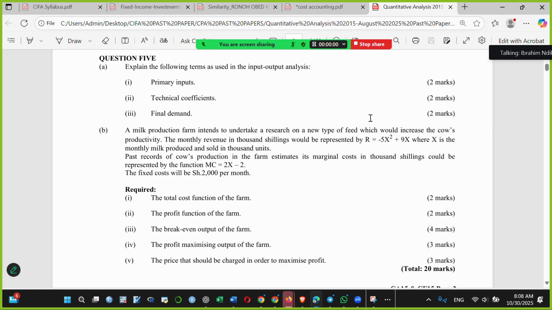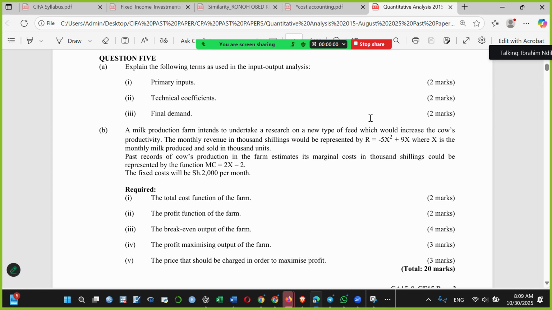The question reads that a milk production farm intends to undertake a research on a new type of feed which would increase the cow's productivity. The monthly revenue in 1,000 shillings will be represented by R equals to minus 5x squared plus 9x, where x is the monthly milk produced and sold in 1,000.